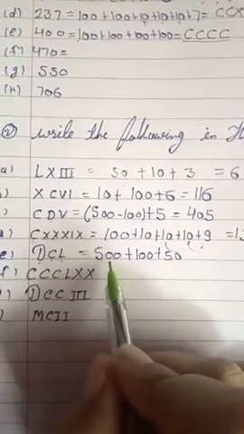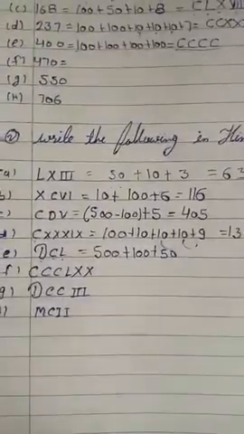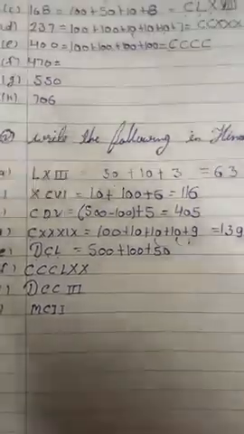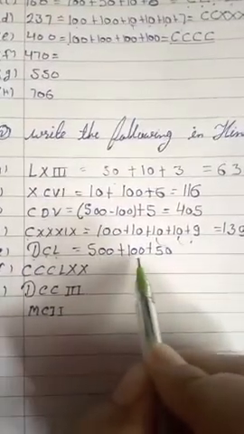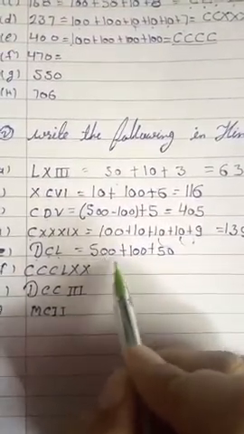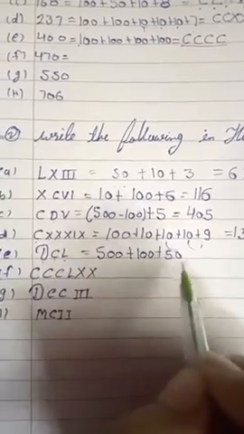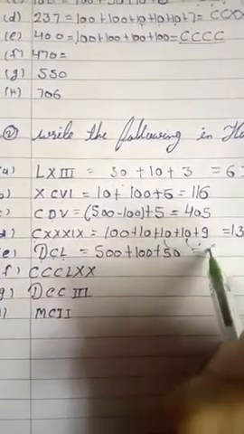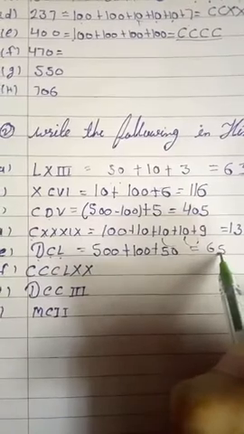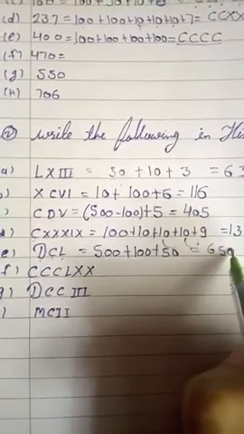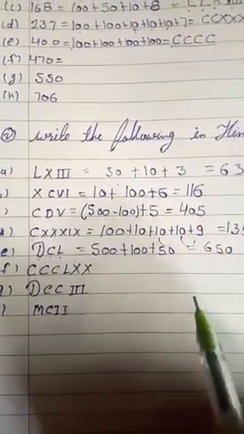D is the symbol of 500, C is the symbol of 100, and L is the symbol of 50. Then add these numbers: 500 plus 100, 600, 600 plus 50, 650. So the answer is 650.